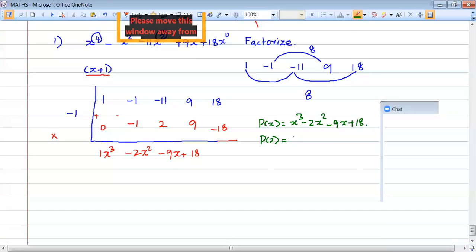Tell me what answer you are getting for P of 2. Anybody tell me what is the answer for P of 2? Have you all got 0? Yes, so you have all got 0 as P of 2.